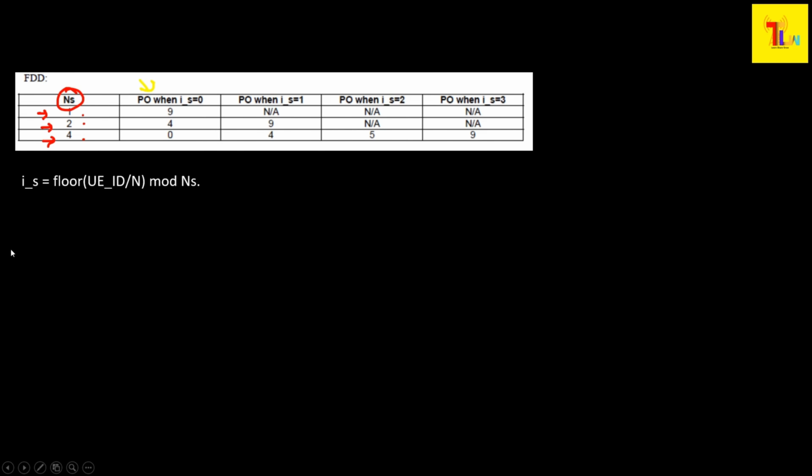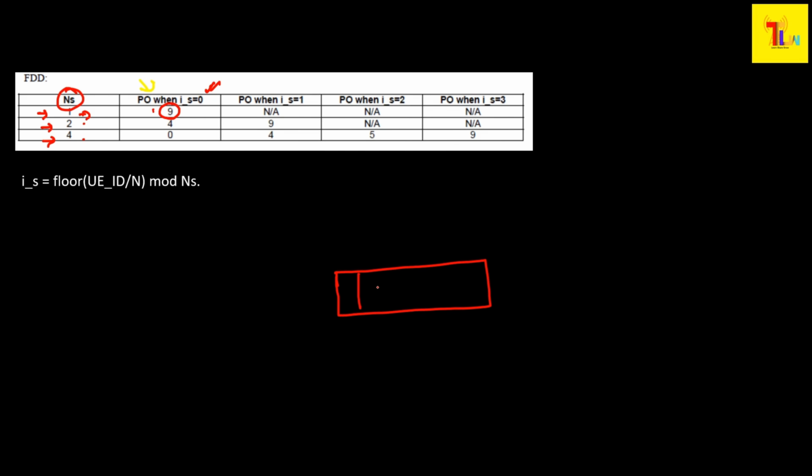Suppose the IS we have calculated is 0, and your NS is 1, then the paging occasion will be on subframe 9. It's very simple. I have already told you the paging occasion means in which radio frame the UE is going to wake up.